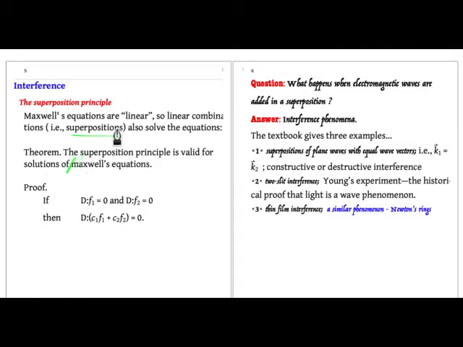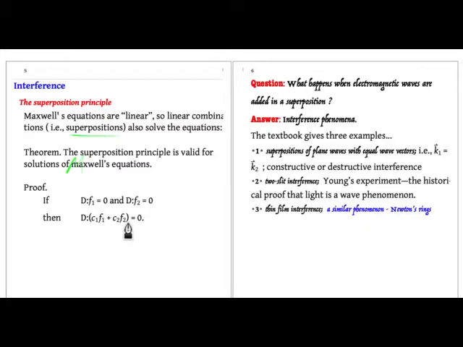Well, what does that mean? If you have two solutions of Maxwell's equations and you add them together, that's a third solution. Or you can have any linear combination. You can have the first solution times a constant, plus the second solution times another constant.